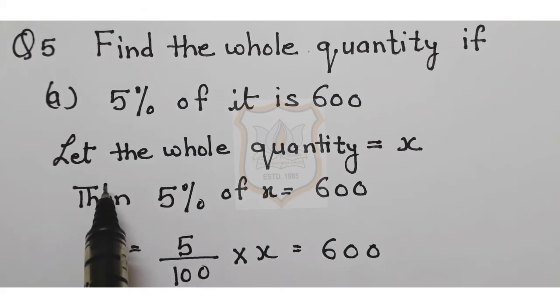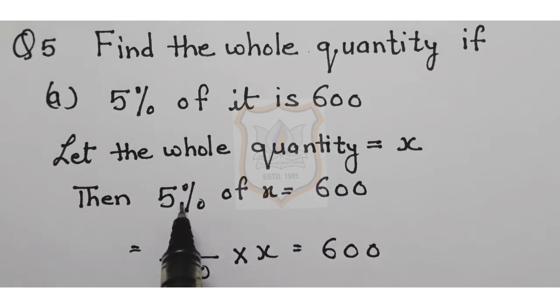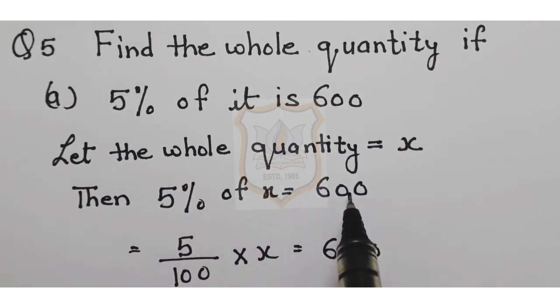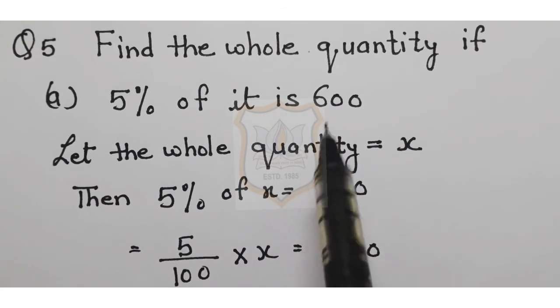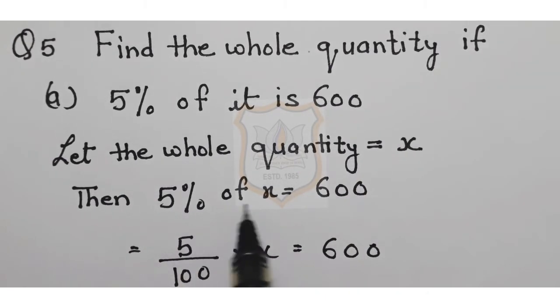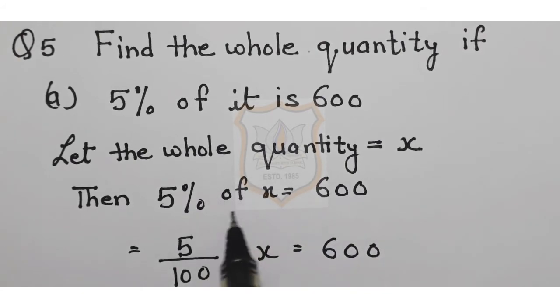So let's suppose the whole quantity is equal to x. Then 5% of x is equal to 600, because it is given here that 5% of the whole quantity is 600. In place of %, I will write multiply.